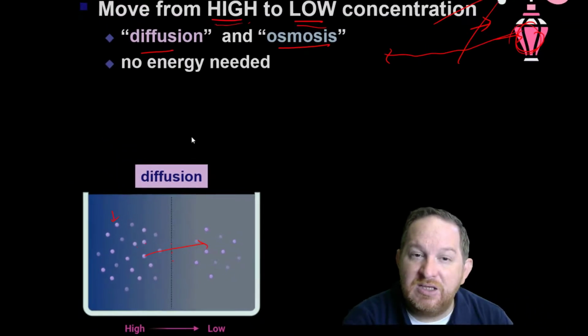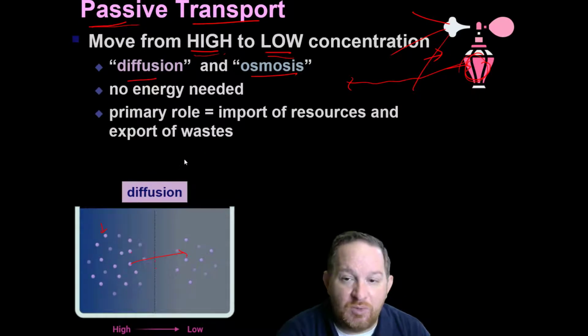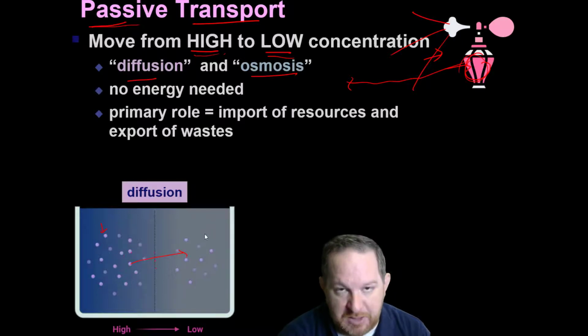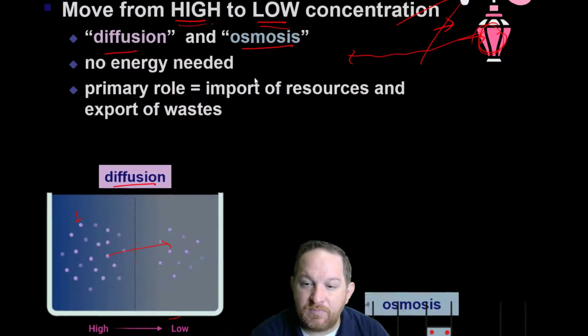We call that diffusion. No energy is needed, and this is really important because when you've got a high concentration of resources outside or inside the cell, or waste outside or inside the cell, they need to move across to where it's less concentrated. Diffusion, simple movement from a high concentration to a low concentration.